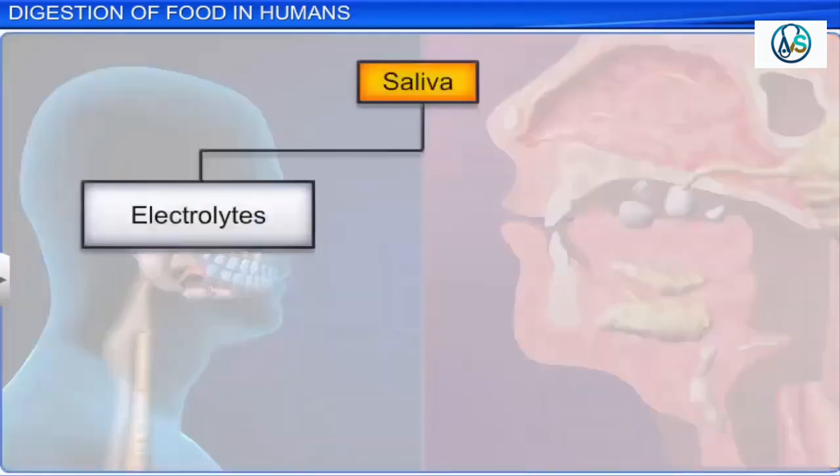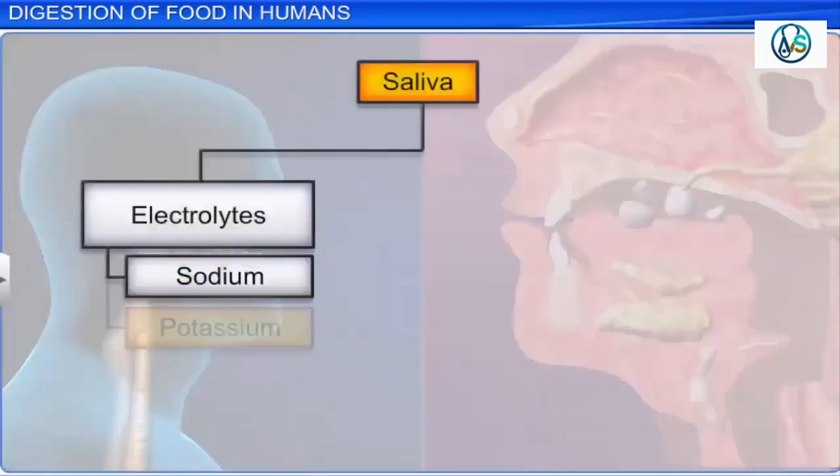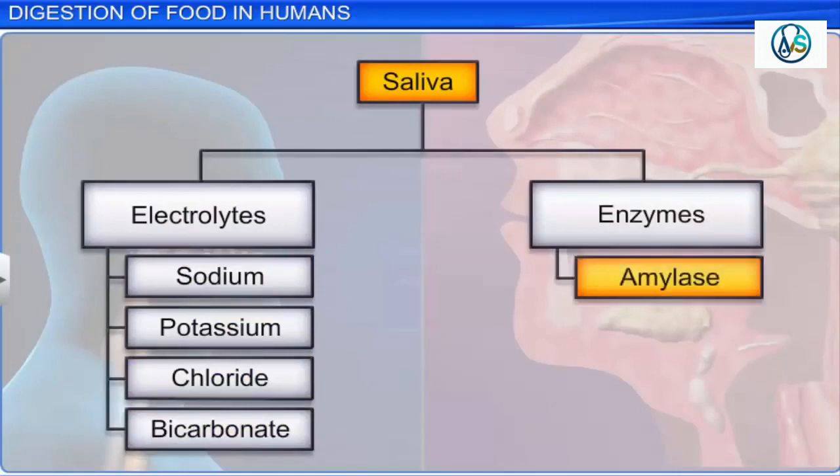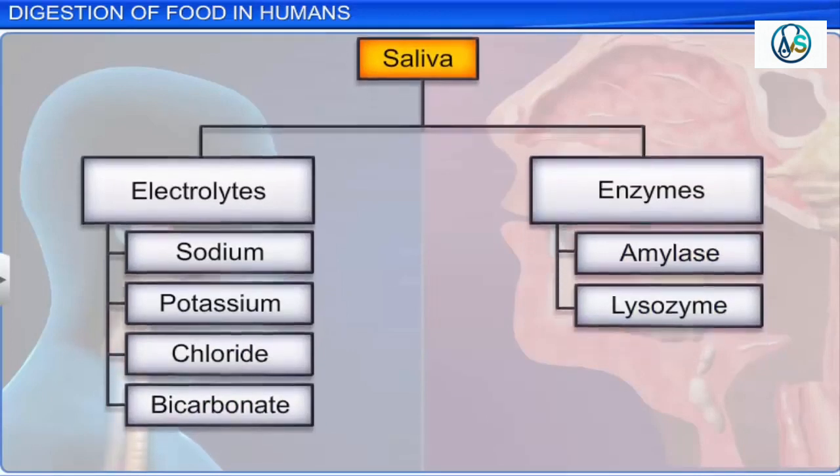which is rich in electrolytes such as sodium, potassium, chloride, and bicarbonate ions, and various enzymes such as salivary amylase and lysozyme. Each of the salivary components has its own function.